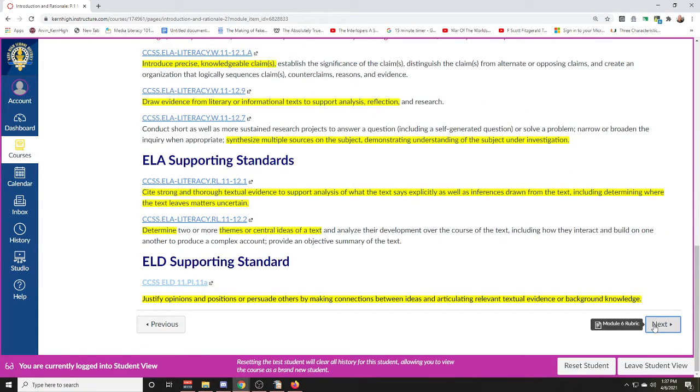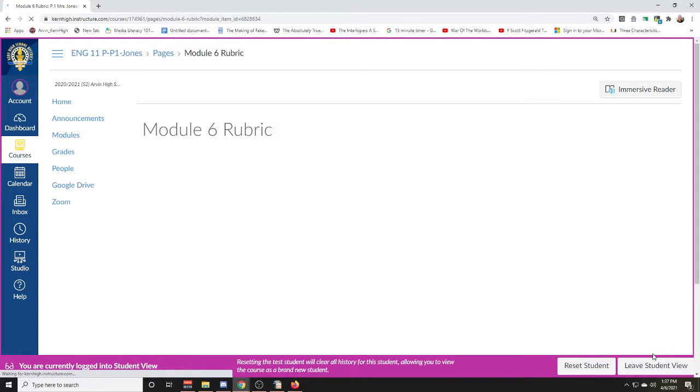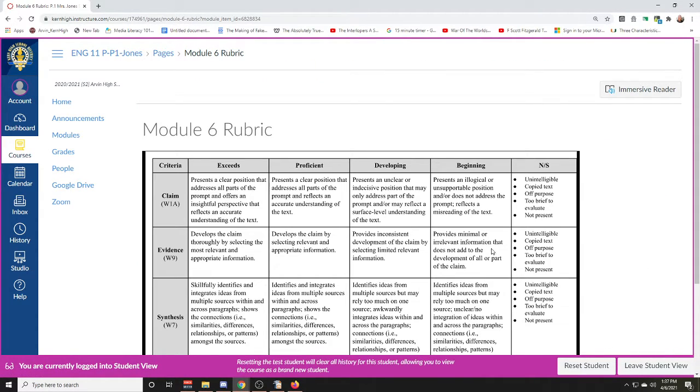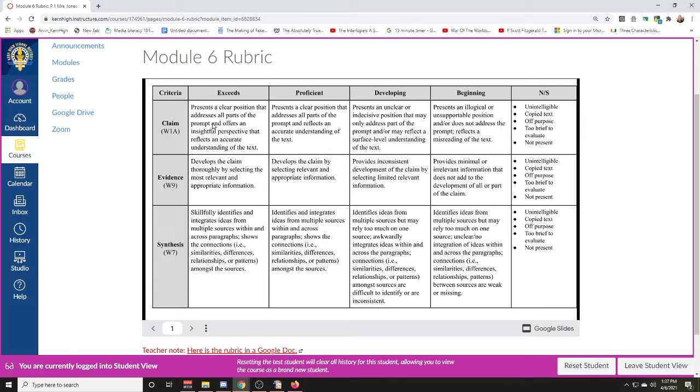Alright, if you click on the next page, you'll see there is a rubric here. It's taking a minute to load. You'll see a rubric as to how I'll be grading your CER paragraphs, your assignments, and this is the same stuff that we've been learning for the entire year. Only instead of providing reasoning, you're going to be providing more of a synthesis.